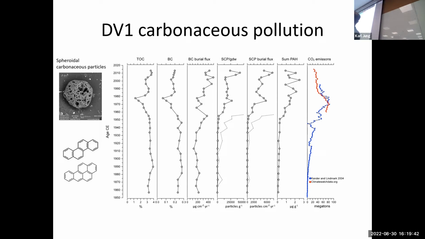And then it shows total organic carbon, TOC, black carbon, BC, concentrations, black carbon influx, mass per surface area and year, so micrograms per square centimeter and year. Then SCP, spheroidal carbonaceous particles, both in concentration and in burial flux, and the concentration of the sum PAHs. And then just for reference, I've included the CO2 emissions from Sweden as a proxy for Sweden's industrial development, which is really what drives this.